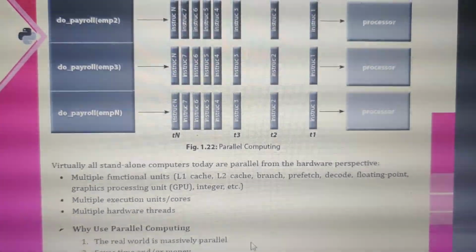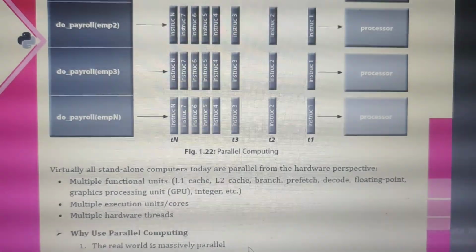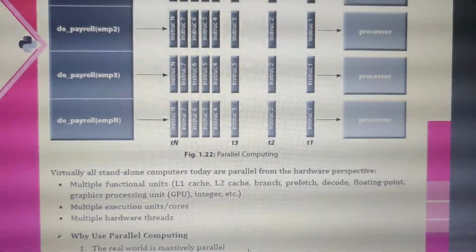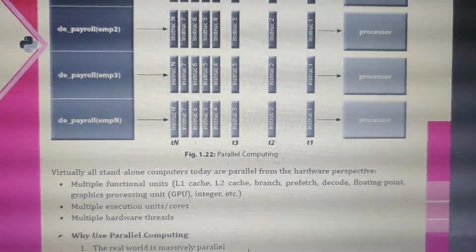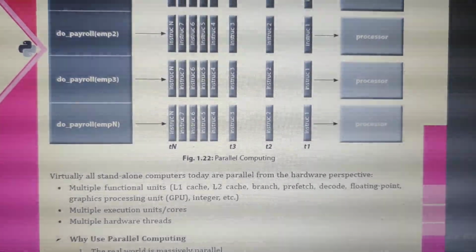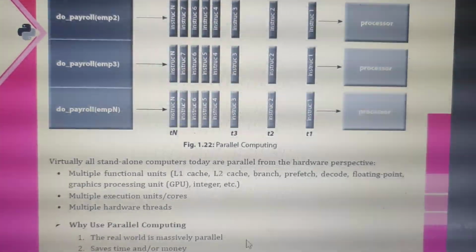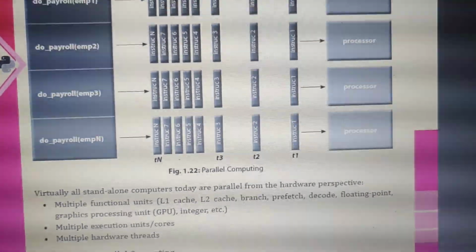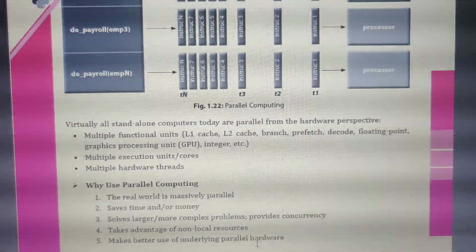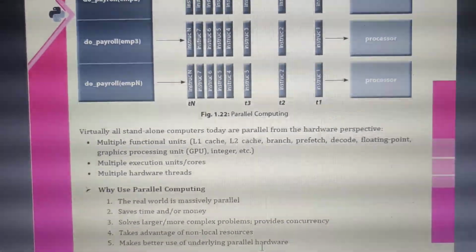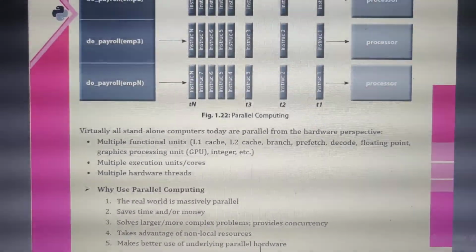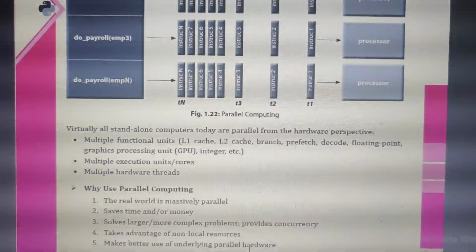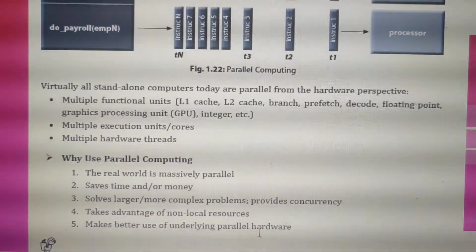Of course, when we divide into different parts and give them to different employees, the execution of the program is also at multiple levels. So here, multiple execution unit cores. Last is multiple hardware threads. Multiple hardware threads means that if we are using multiple programs to solve the queries, to solve the problem, then we can face multiple hardware threads also.